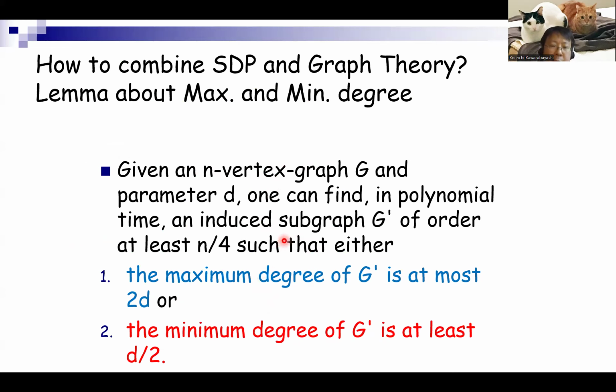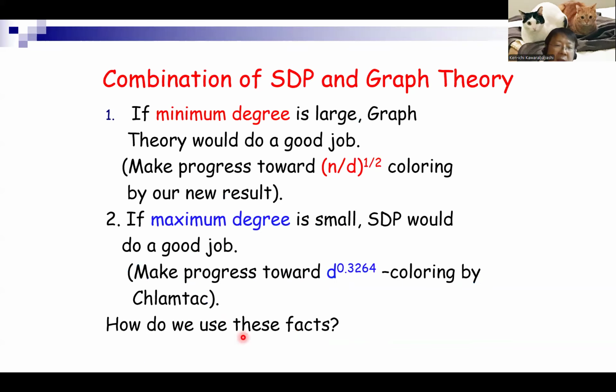Given any n-vertex graph and parameter d, then in polynomial time, you can find an induced subgraph G prime of order at least n over 4 such that either the max degree of this graph is at most 2d, or the min degree of G prime is at least d over 2. So either the max degree is bounded or the min degree is big. That's what the theorem says.